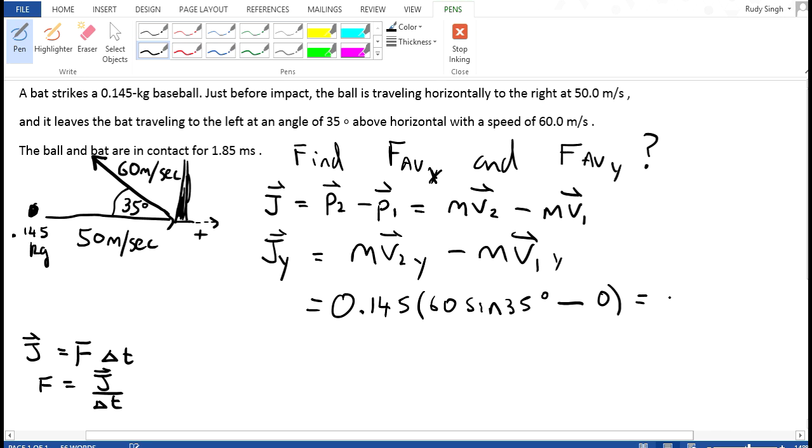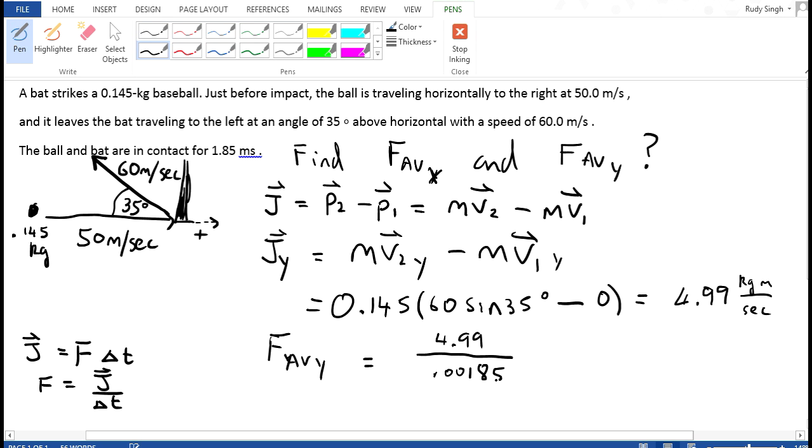So if you work that out, that works out to be 4.99 kilogram meters per second. And then if you want the average force in the y direction, you take the impulse, which is 4.99, and you divide it by the duration that it was on the bat, which is 0.00185.